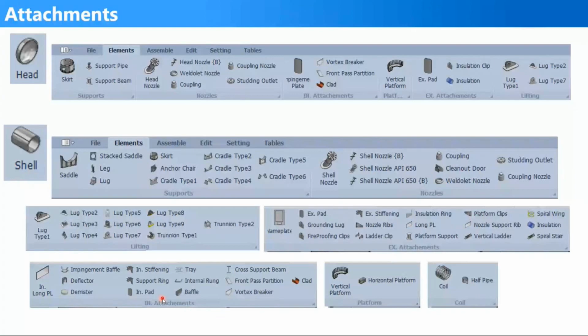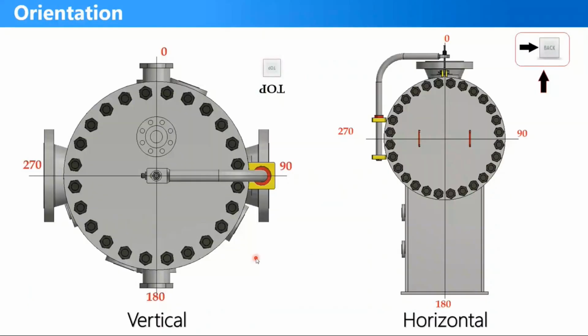Here, let's start with the concepts in SEG, like the concept of the orientation. The orientation direction, how we can define it in Autodesk Inventor. Let's start with the horizontal vessels. If you take a look from the back view, you will find the view cube appear here at the top right hand side.